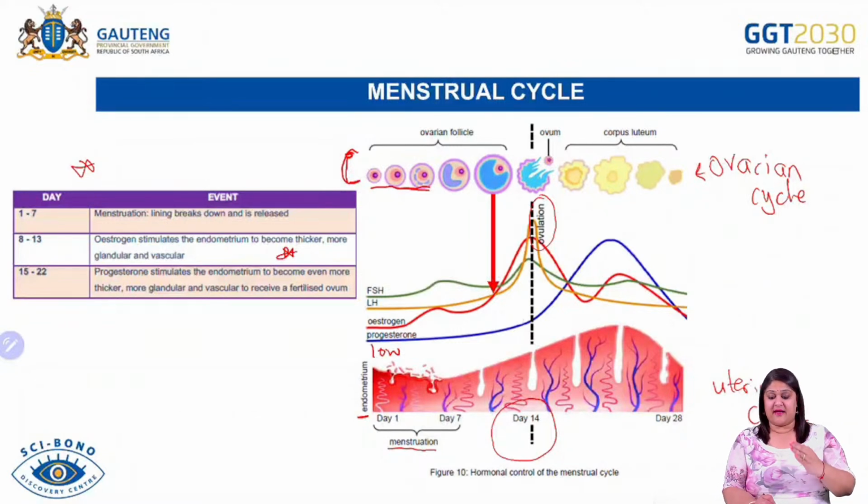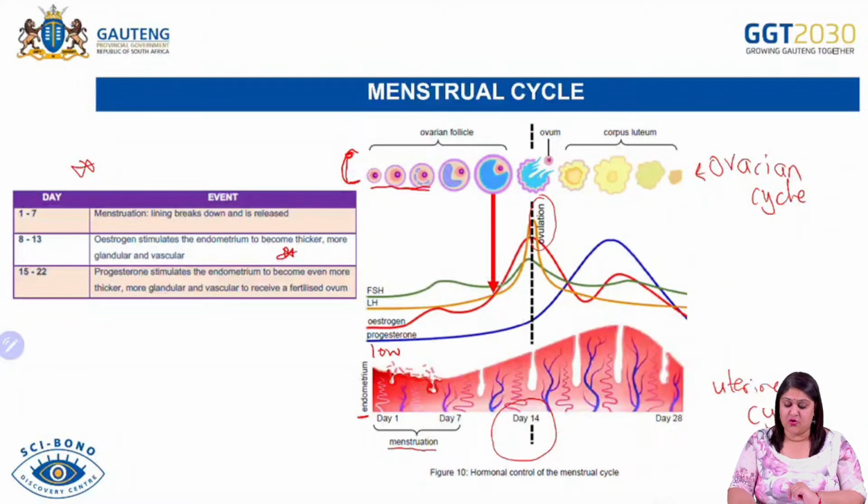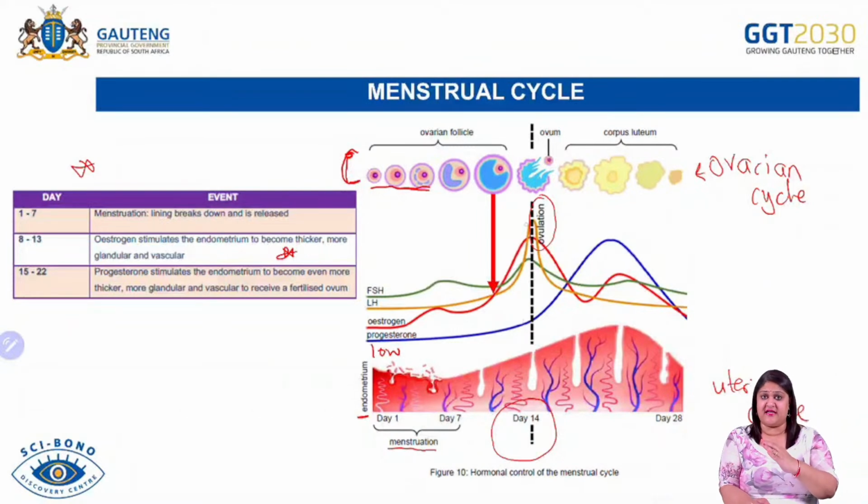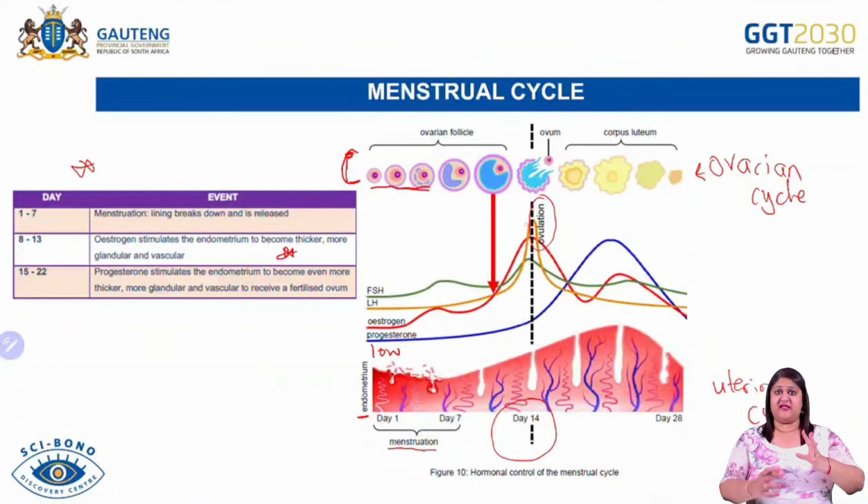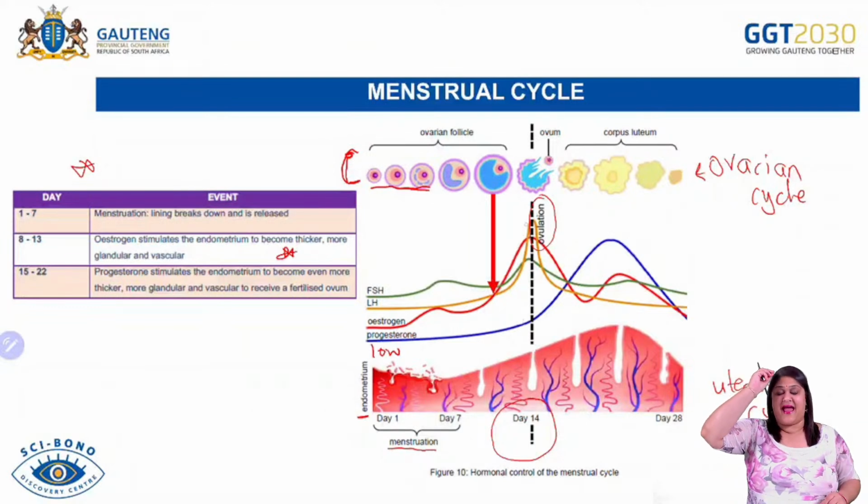Okay, now we come to day 14. What is the major hormone that's going to be involved here? We're going to have this increase in estrogen. We're going to have the surge of estrogen because the Graafian follicle is now big, it's now mature, and remember, it's carrying that over. Now that surge of estrogen is going to stimulate a peak in LH.